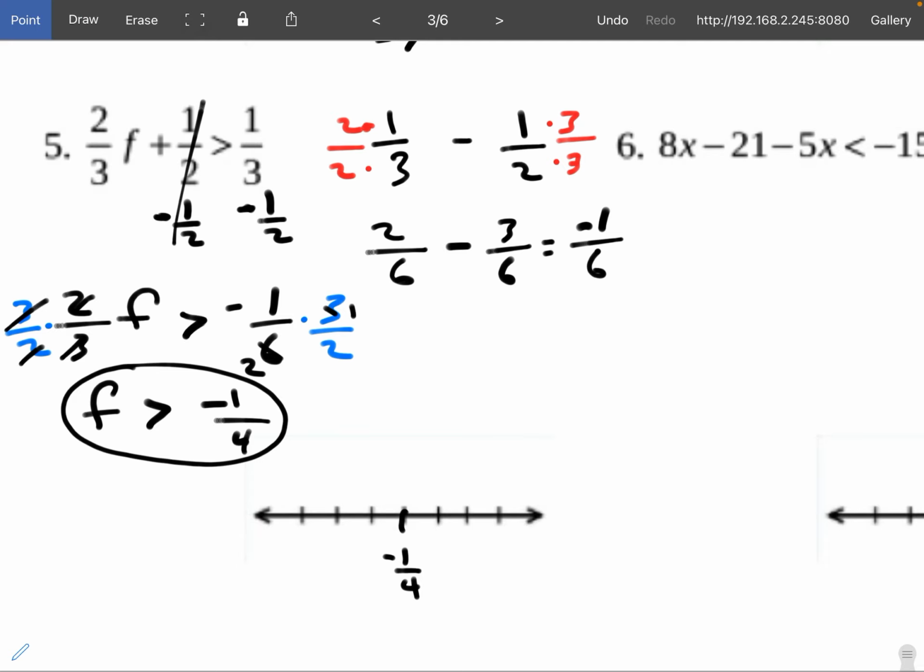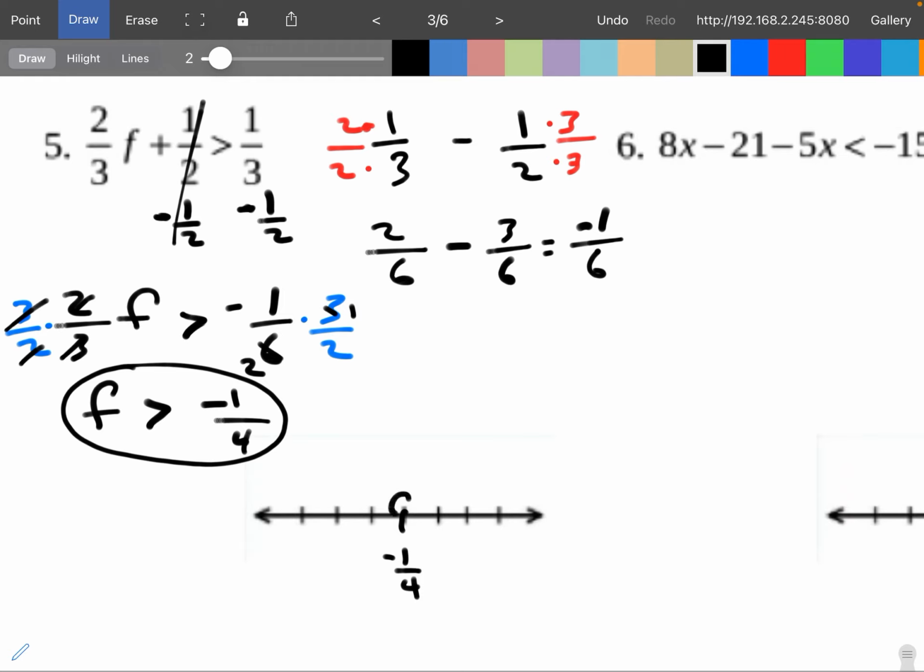We're just going to put negative 1/4 on our number line. So we'll put negative 1/4 right here. So there's negative 1/4. And we're just going to say open circle or closed. Good, it's open. And then shade it which way? Right, to the right.